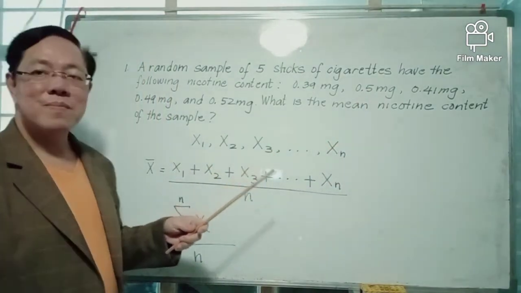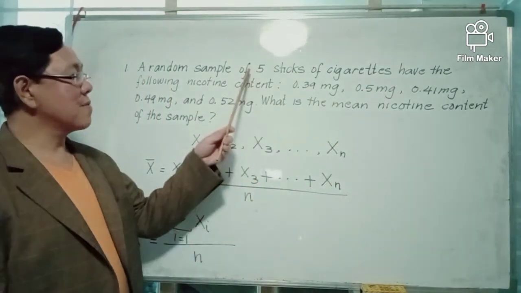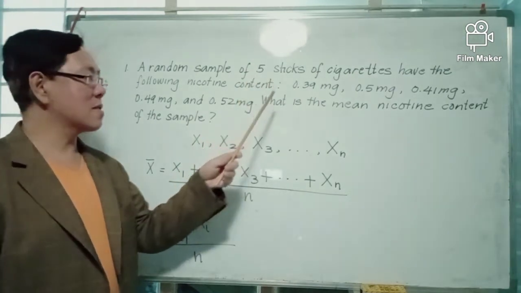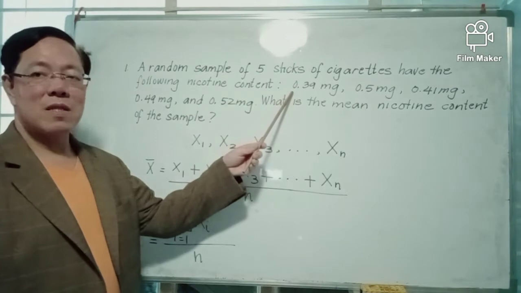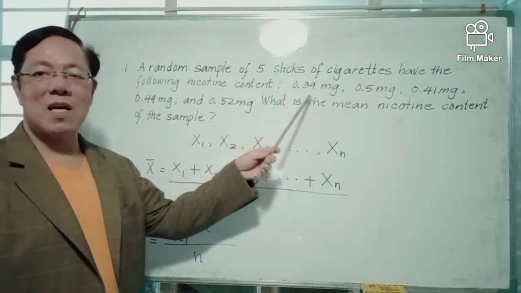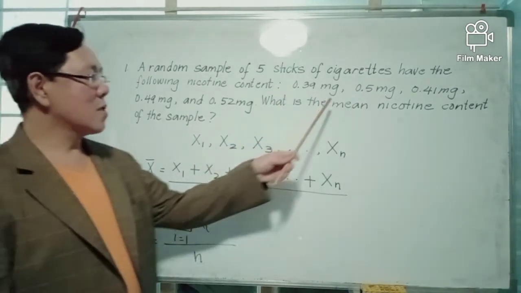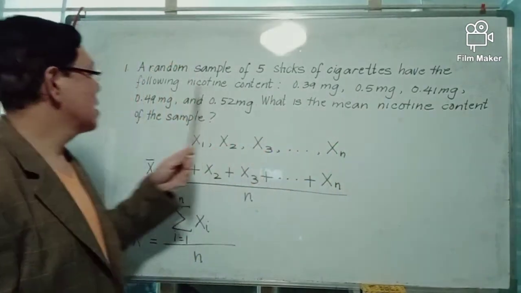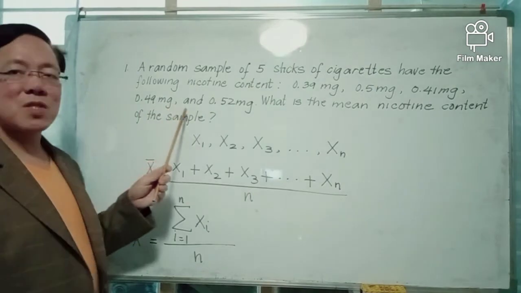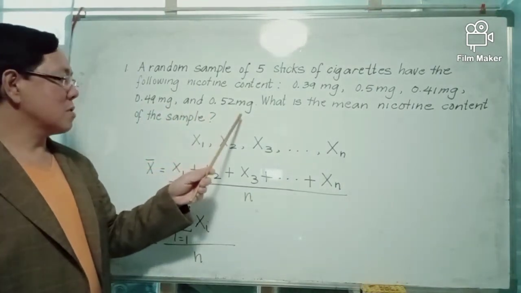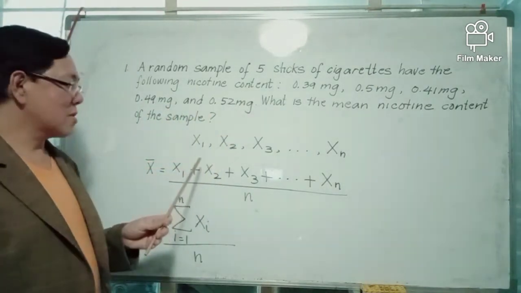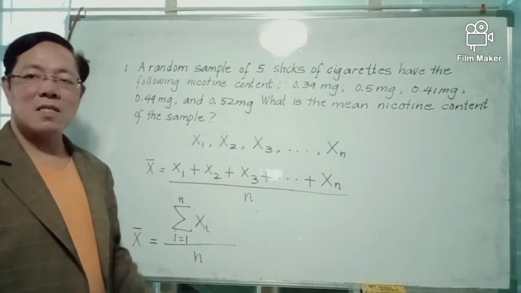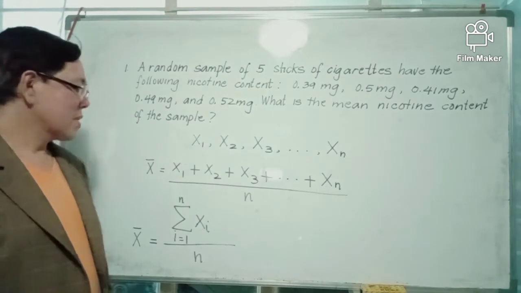And the nicotine contents of this random sample of 5 sticks of cigarettes are 0.39 mg, 0.5 mg, 0.41 milligram, 0.49 mg, and 0.52 mg. These nicotine contents are the values x1, x2, x3, x4, up to x5.